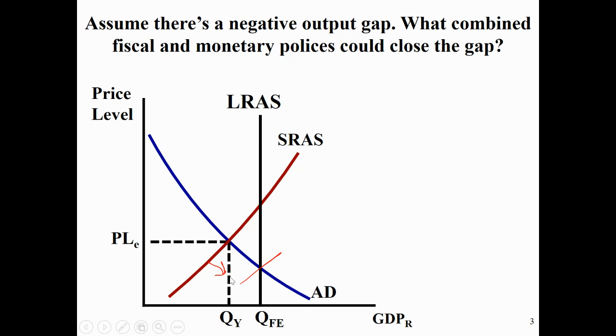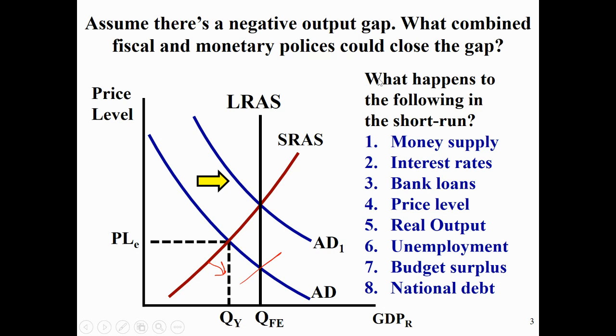But we know that that could take a really long time. So we want the government, through combinations of fiscal and monetary policies, to close that gap rather than practicing laissez-faire approaches. So that's typically what we're going to see, something that causes the aggregate demand curve to shift to the right.